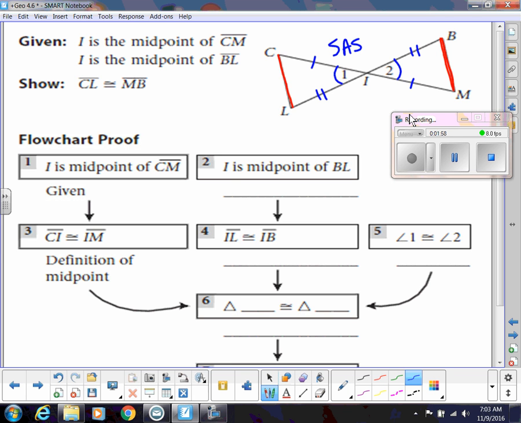So we have the two midpoints that are given, so I'm going to put given on both of those. From this statement, we know that CI and IM are congruent. Remember, we mark those, and that was the definition of midpoint. And we also said IL and IB are congruent, and that's also the definition of midpoint. Then we said that angle 1 and angle 2 are congruent because they were vertical angles.